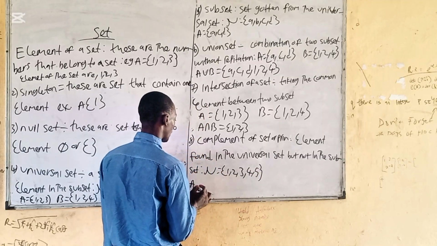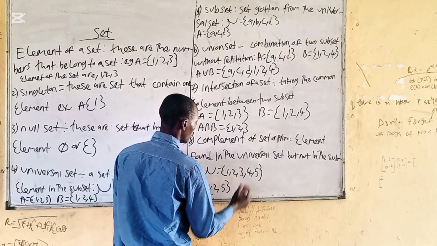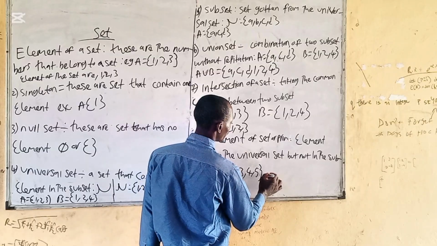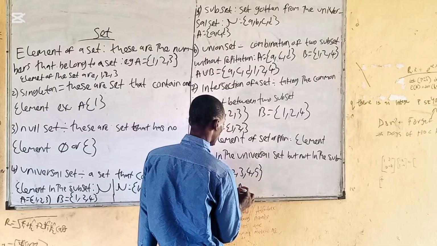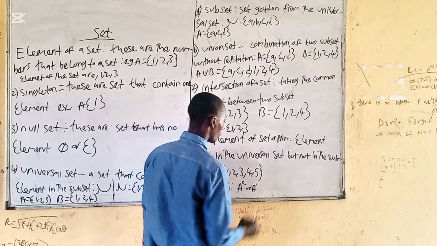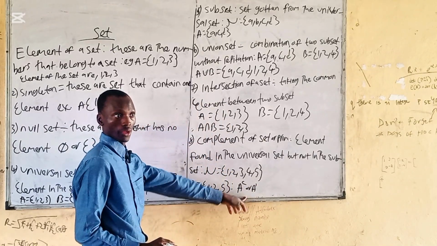Then a subset A is 1, 2, and 5. The complement is denoted like you can see, A complement or A prime. You are saying A complement or A prime.